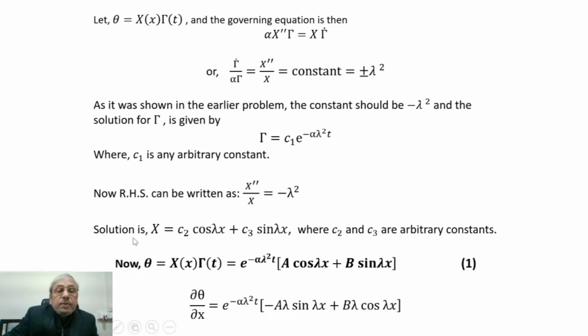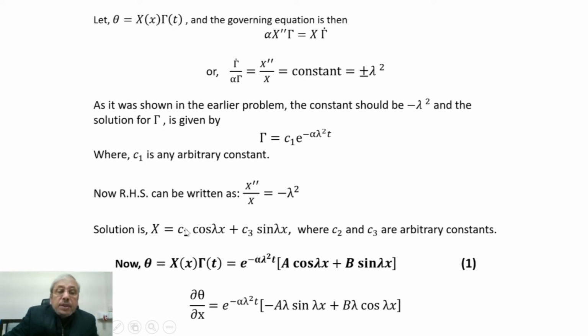Now, as we have already mentioned, theta will be the product of the x dependent part and the t dependent part, so X into Γ. The gamma part of the solution is C1 e to the power minus alpha lambda squared t, and the x dependent part of the solution is a cos lambda x plus b sin lambda x.